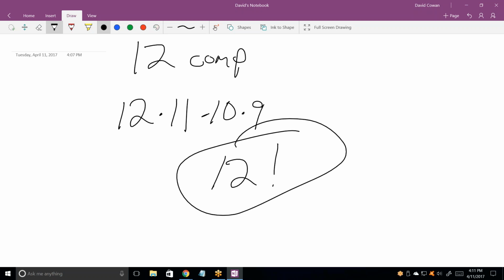This sounds weird, because I looked up 12 factorial, and it says it's like 479 million. 479,001,600. That's the number of different ways that 12 skiers can finish a race.